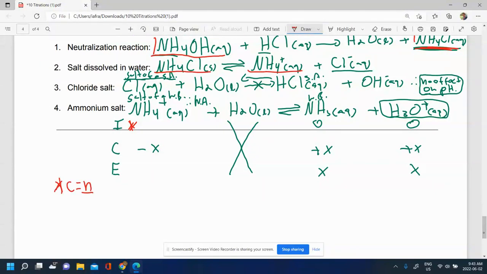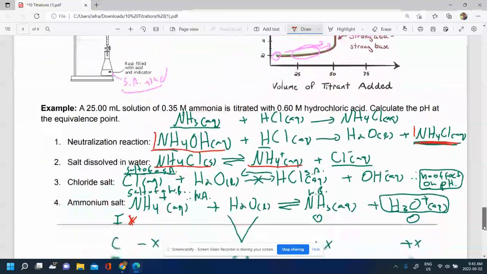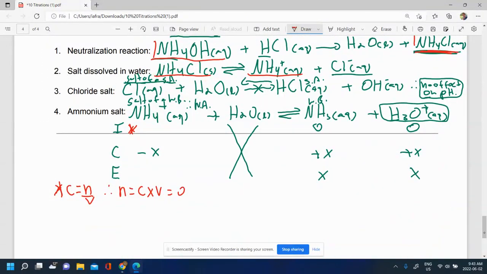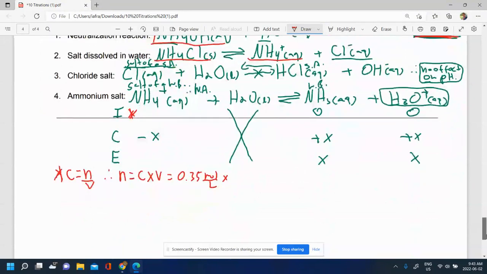Concentration is equal to n over V. Therefore, n is equal to C times V, which is concentration 0.35 molar times the volume, which is 0.025, because it's 25 mL.